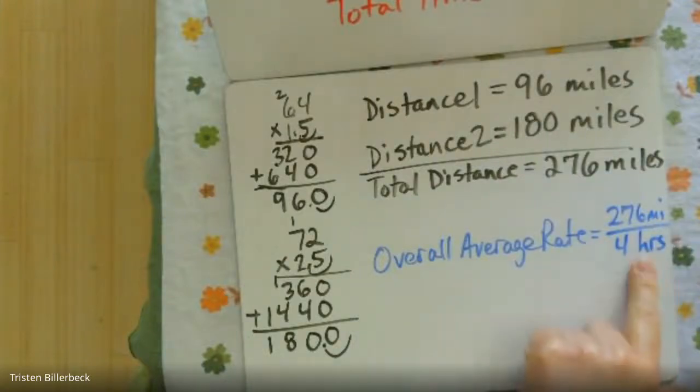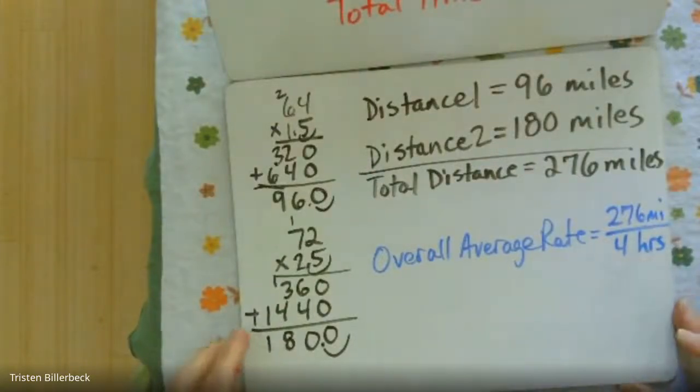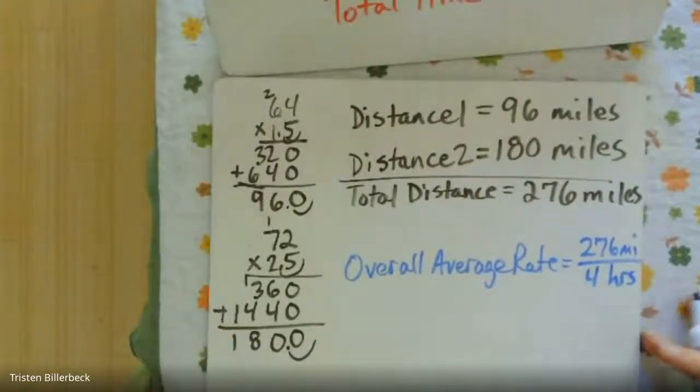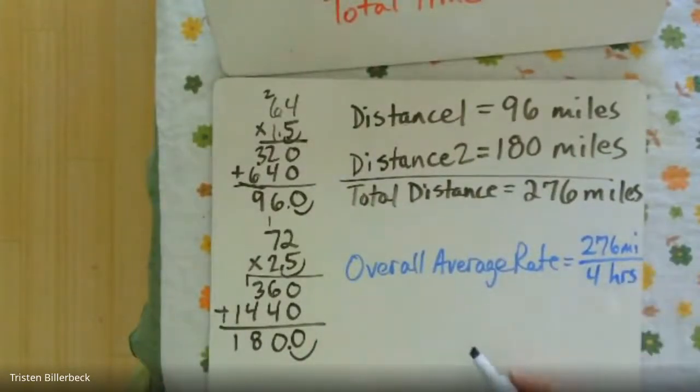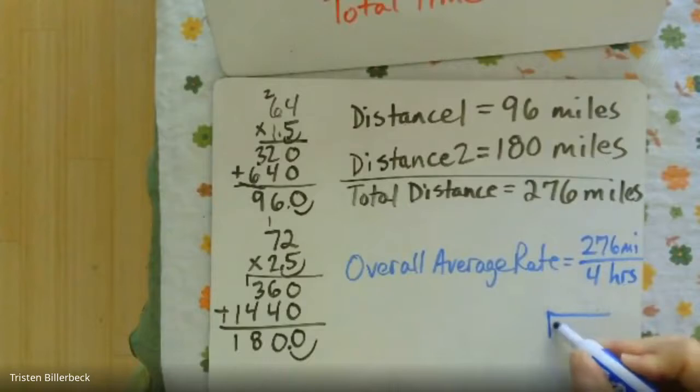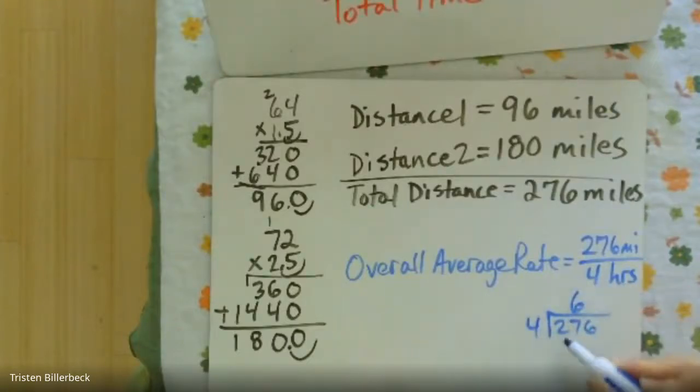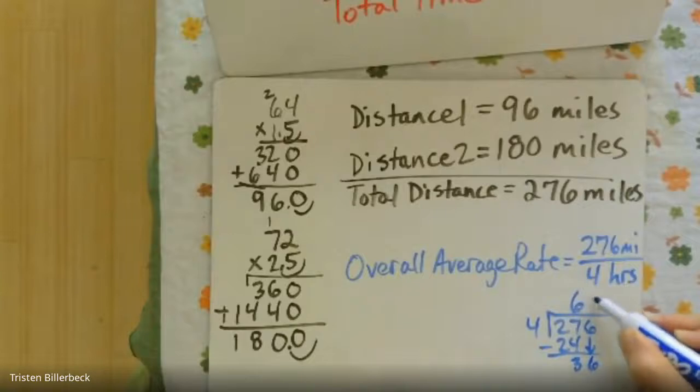Now we can reduce this to a unit rate. Let's use the dry erase calculator here. We have 6 4s and 27. And 9 4s and 36.